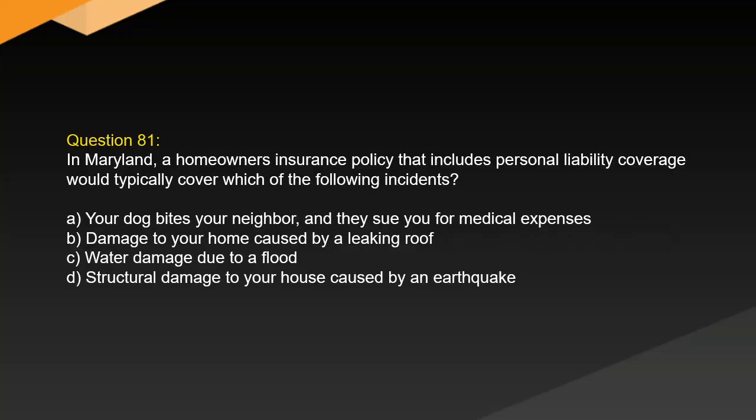Question 81. In Maryland, a homeowner's insurance policy that includes personal liability coverage would typically cover which of the following incidents? A, your dog bites your neighbor and they sue you for medical expenses. B, damage to your home caused by a leaking roof. C, water damage due to a flood. D, structural damage to your house caused by an earthquake.